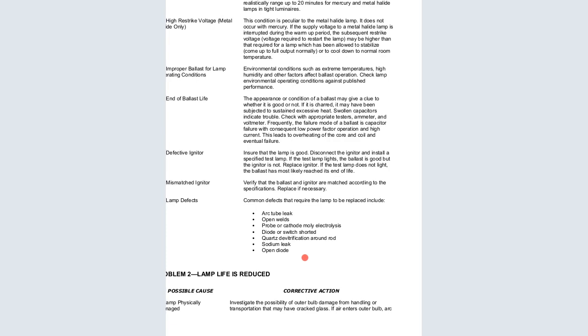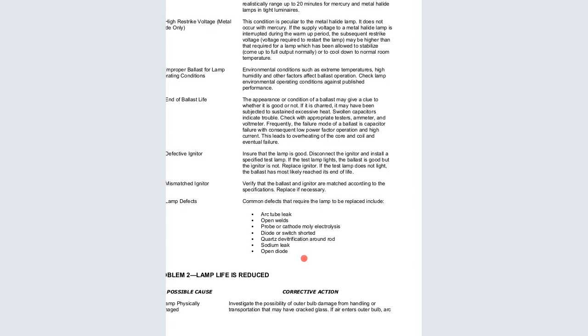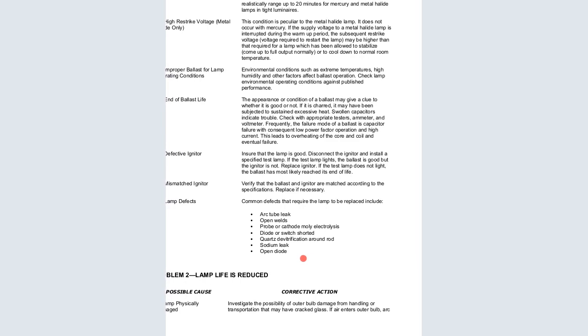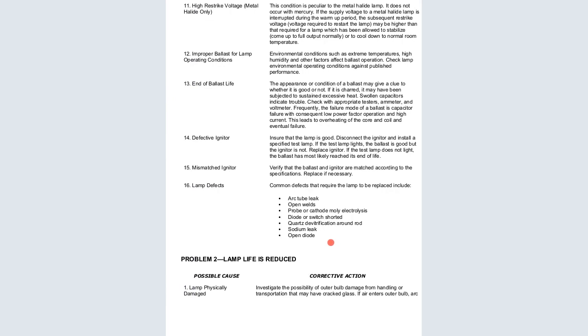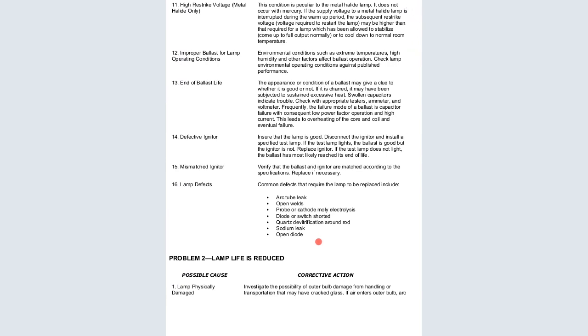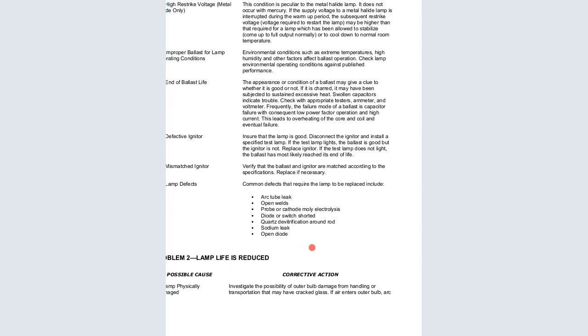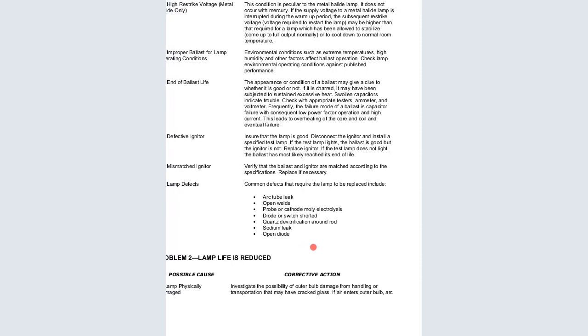If the test lamp does not light, then the ballast has most likely reached its end of life. Another one is the mismatched igniter. So verify that the ballast and the igniter are matched according to the specification or replace if necessary.